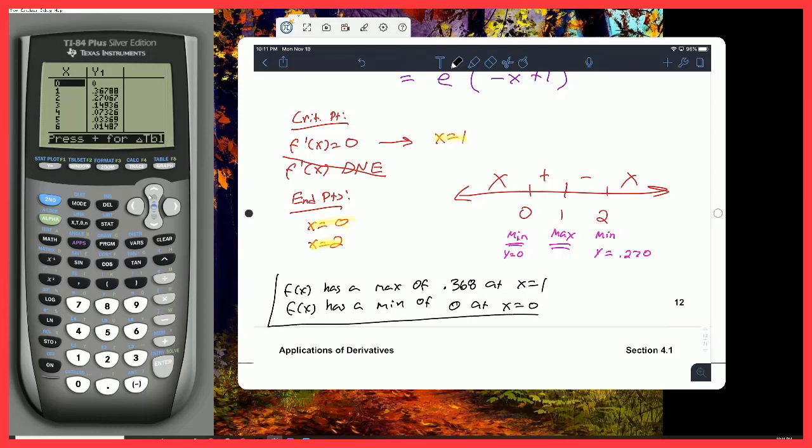It's notable to add that I do have a local minimum, which I'll make sure I notate properly in my notes, a local minimum of 0.270 at x equals 2, but this question only asked for absolute extrema, so I do not need to include it in my list.